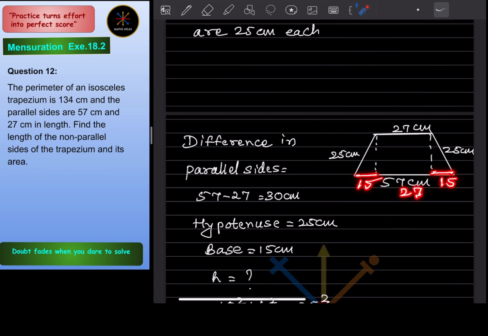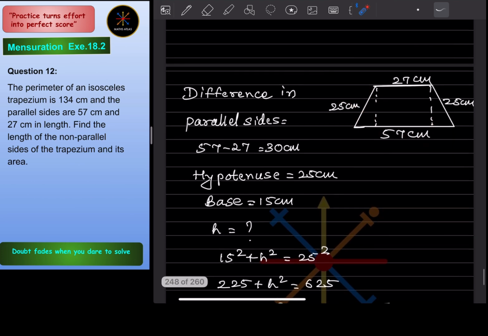So this is clear. If we consider this triangle, this is 90 degrees, this will be the hypotenuse, the base is 15, and we don't know the height of it. So I'll draw it separately over here. This is the base, this is 90 degrees, this is the hypotenuse, which is 25, and this is the height, which is unknown.